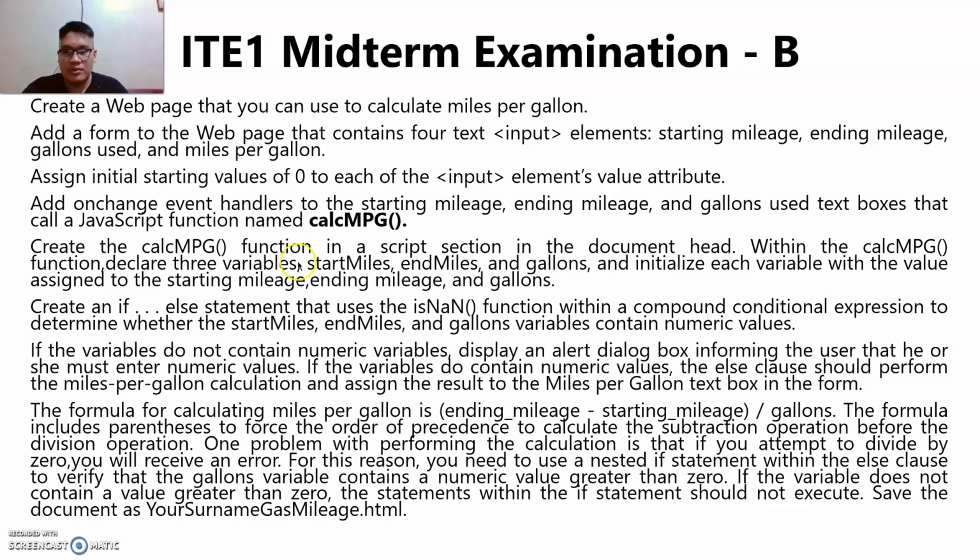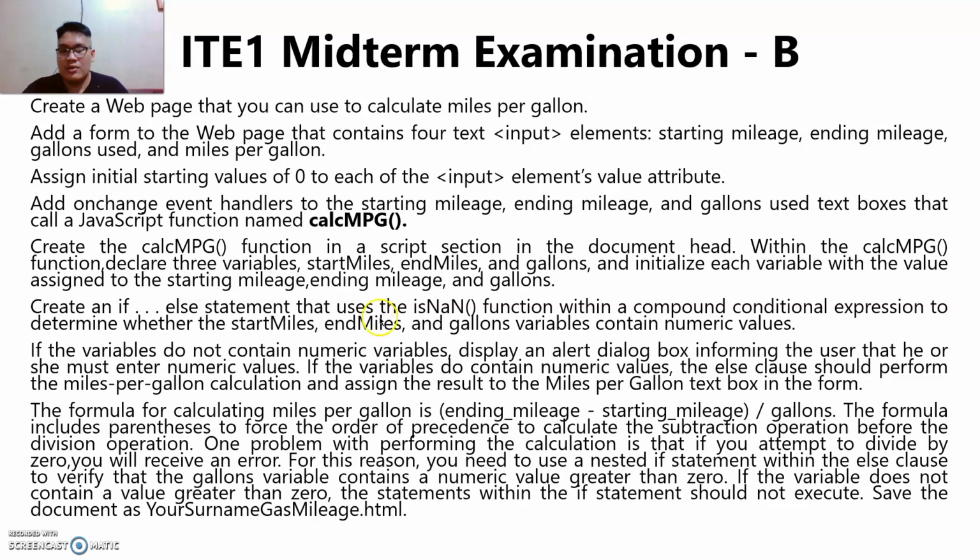Within that, I need to declare 3 variables: startMiles, endMiles, and gallons, and initialize each variable with the value assigned to the starting mileage, ending mileage, and gallons. Basically, I need to pass all the data from the HTML form to this function.